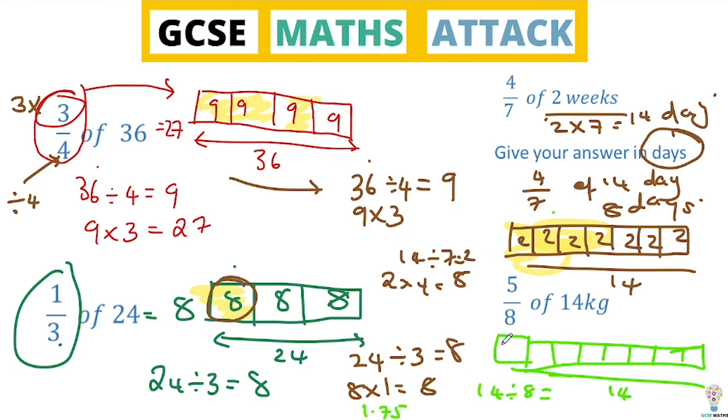I know each one of these is 1.75. So I'm going to do 1.75 times 5, which gives me 8.75. So I know that 5/8 of 14 is 8.75 kg. Now, if you got those questions correct, well done.